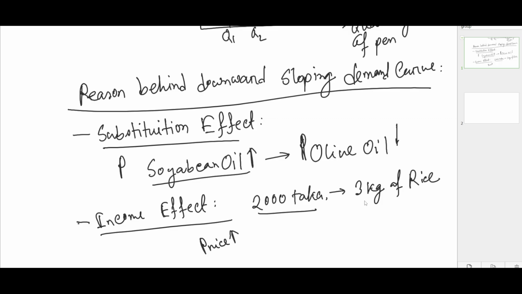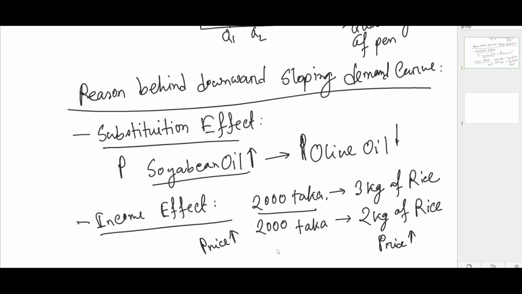As a result, I will feel poorer than before, and I will consume less rice because of the increasing price of rice. So let's say in this 2000 taka I will consume 2 kg of rice when the price of rice increases.